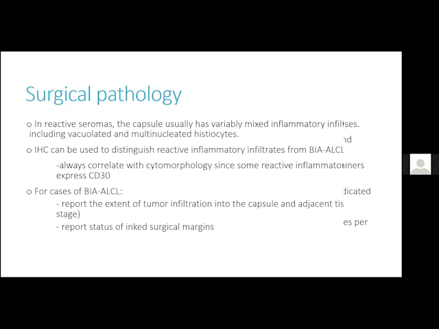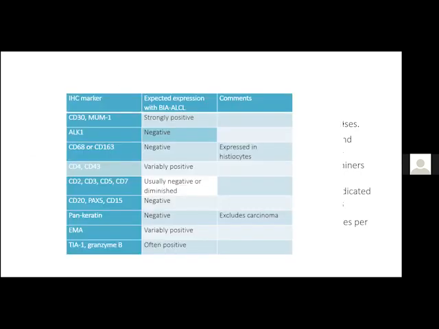So for a case of BIA-ALCL, our report should include the extent of tumor infiltration, if it's present, into the capsule or into the adjacent tissue, or if it's just confined to the inner surface of the capsule. And we should report the status of the inked capsular margin. This is a table showing the IHC panel that you can apply for suspicious or definite cases.